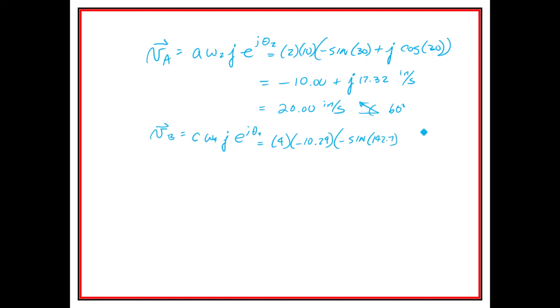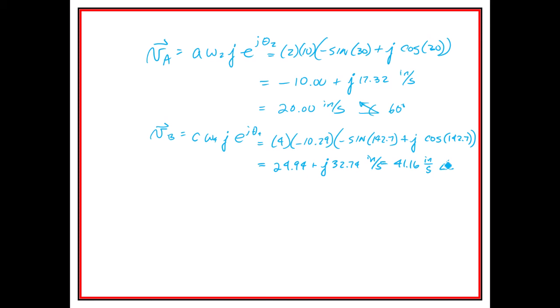We might want to double-check that again to see what that looks like, and the cosine of 142.7, and we end up with 24.94 plus j times 32.74 inches per second, which ends up being 41.16. I wrote meters, and I wrote inches per second.